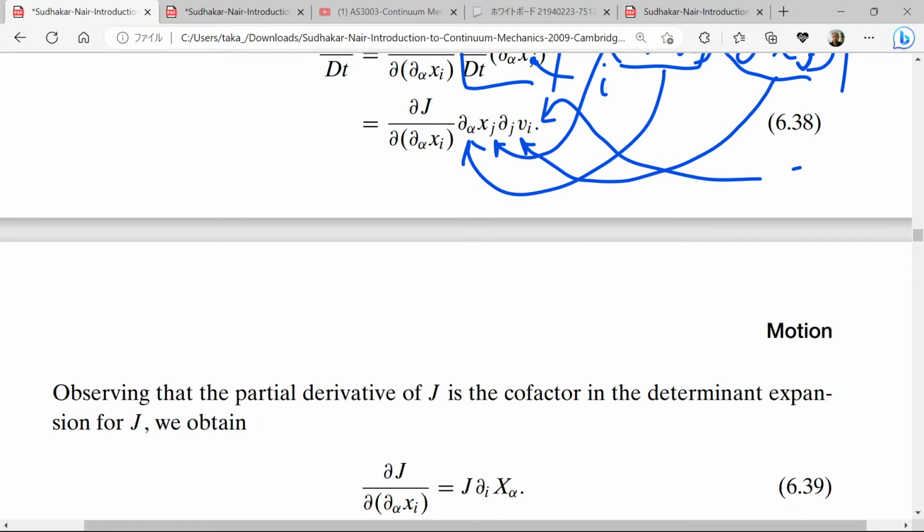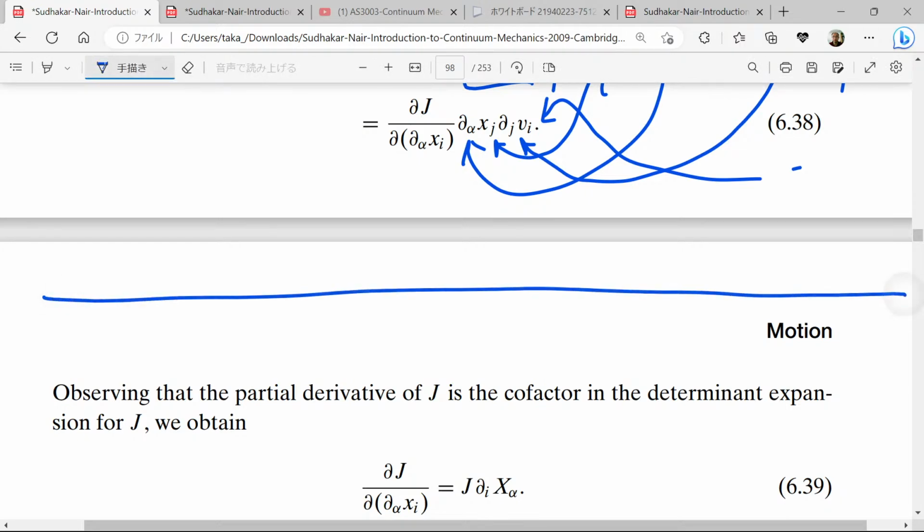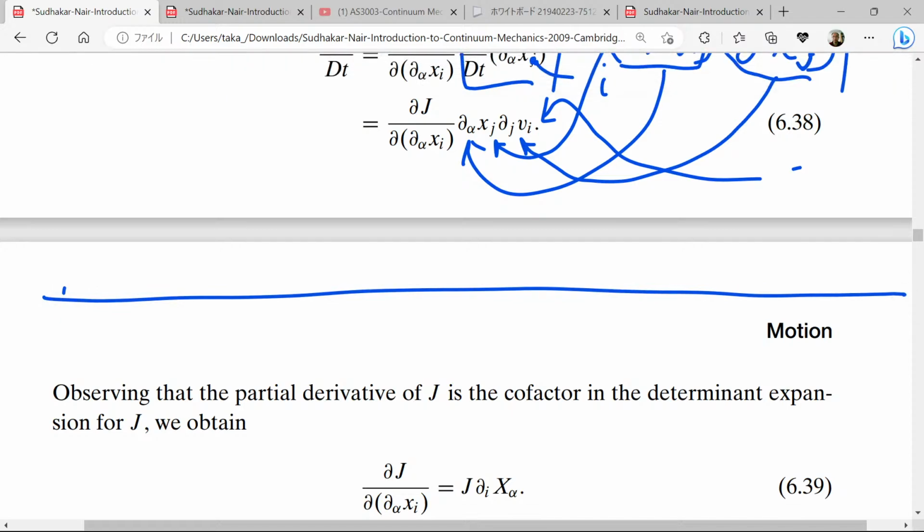Then, observing that the partial derivative of j is a cofactor, so this is another thing. We stop the argument here. So this is also a cofactor. This is a cofactor. We accept.